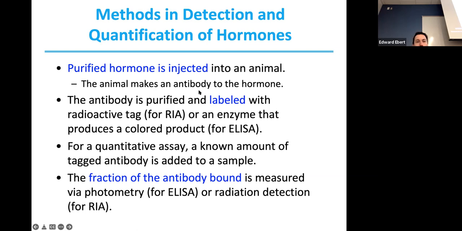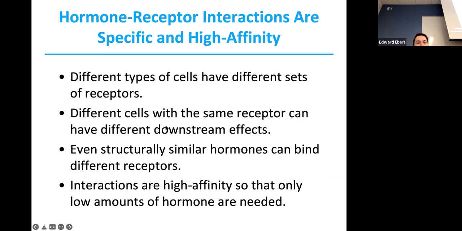The antibody is purified and labeled with a radioactive tag or an enzyme that produces a colored product, depending on whether we're doing radioimmunoassay or ELISA. For a quantitative assay, we add a known amount of tagged antibody to the sample. Then the fraction of the antibody that gets detected, whether by photometry or radiation, tells us where that antibody is and what it's doing.